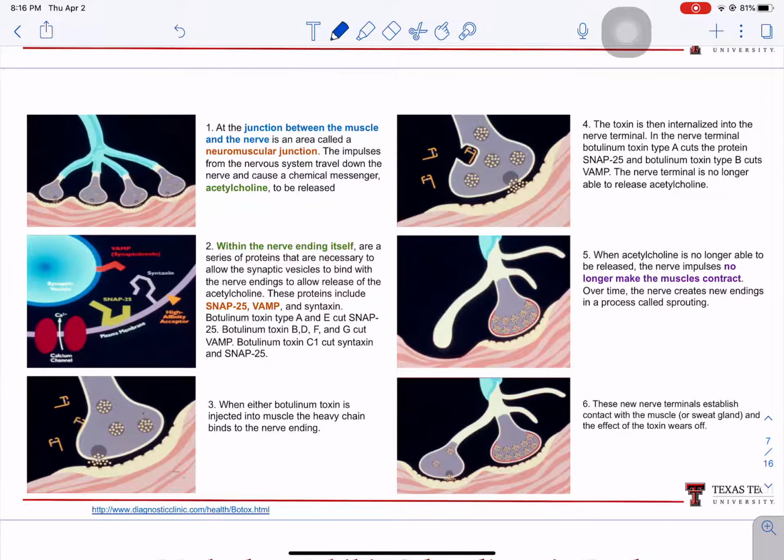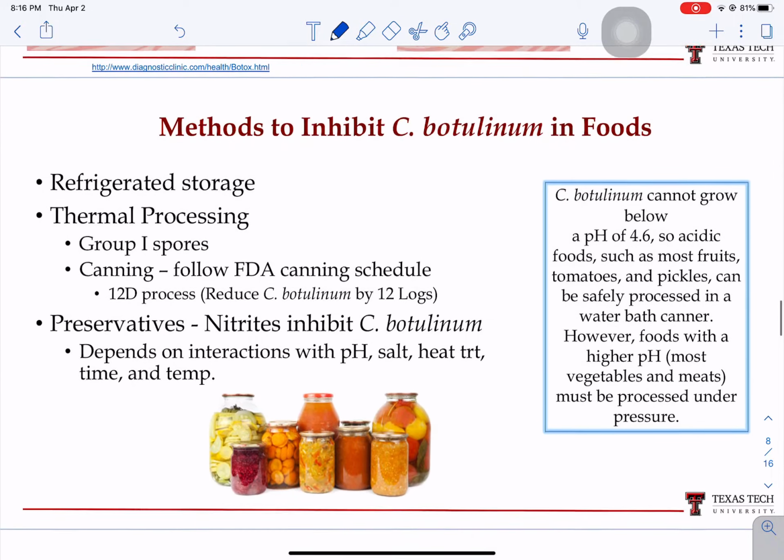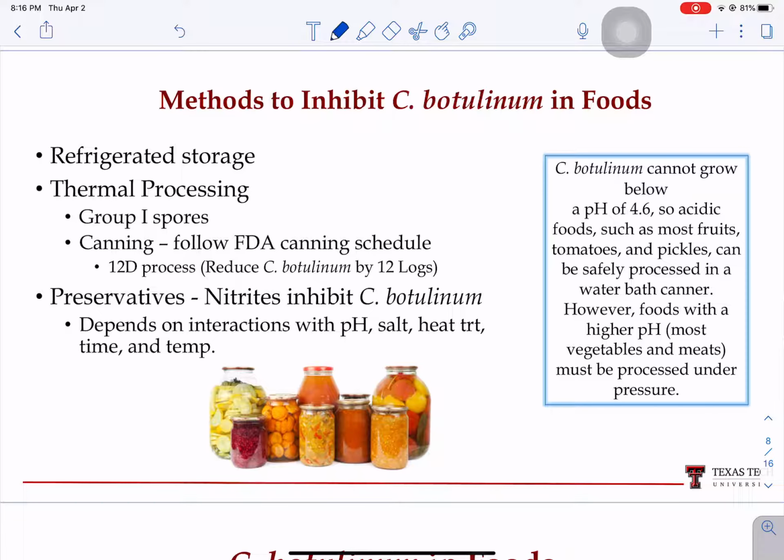How do we inhibit or how do we control Clostridium botulinum in foods? There are different mechanisms. When we reviewed the presentation on spore-forming microorganisms, I described a little bit of that.